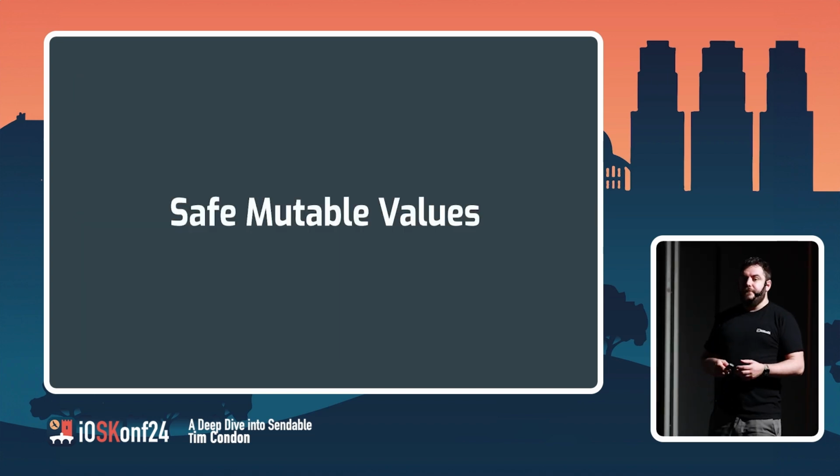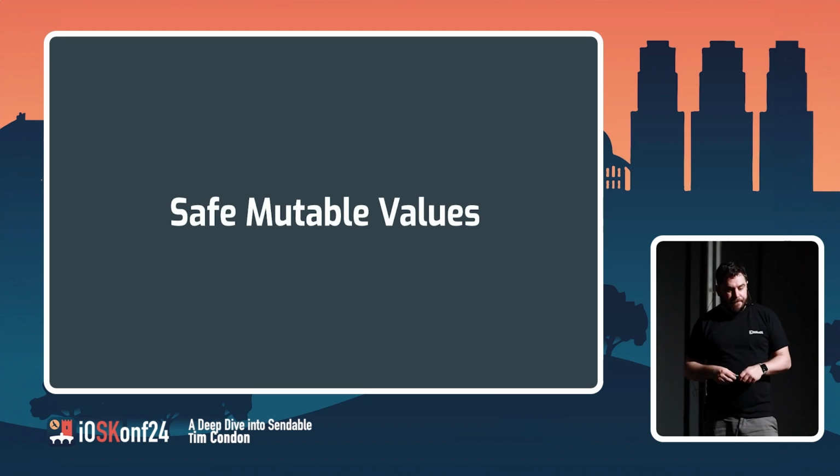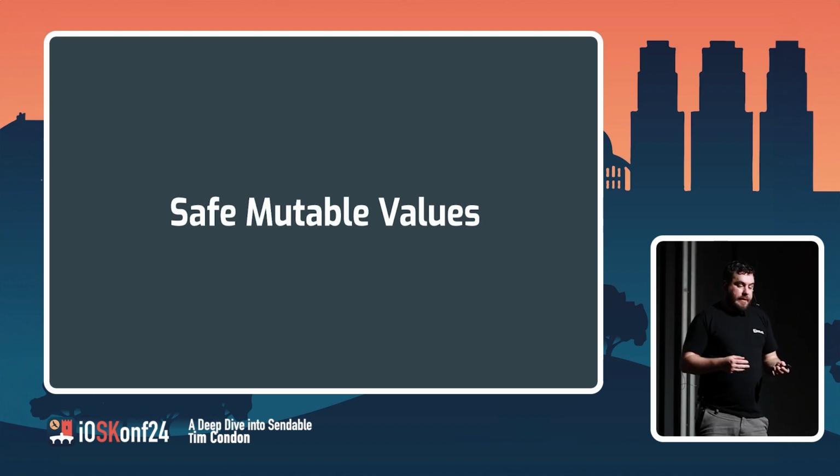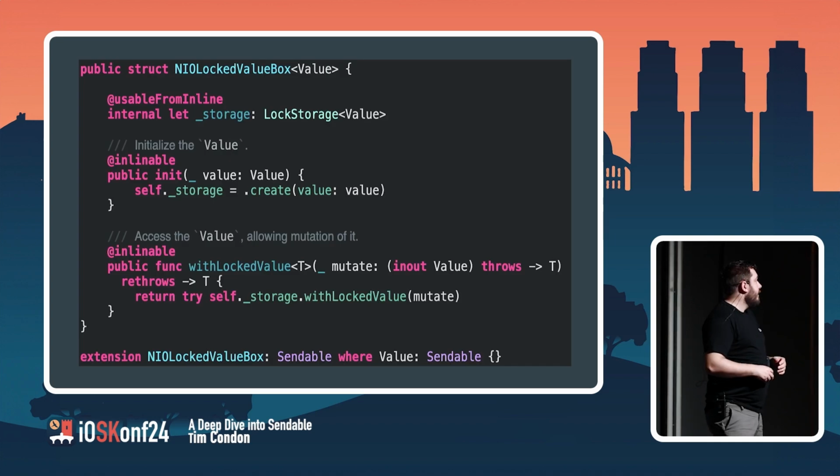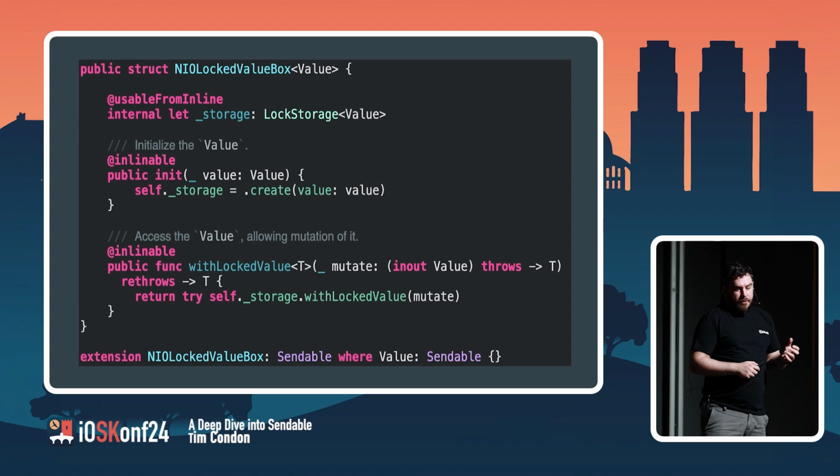So what are the options that we have for making safe mutable values? Well, one of them is to actually lock each individual property. So in the server world, we have something called NIOLockedValueBox. And this essentially wraps a property and synchronizes all accesses to that individual property via a lock.